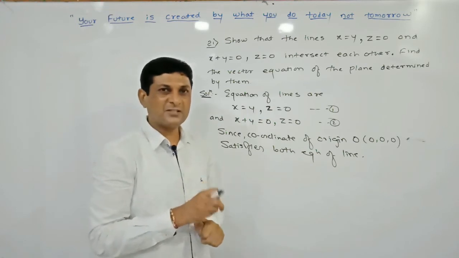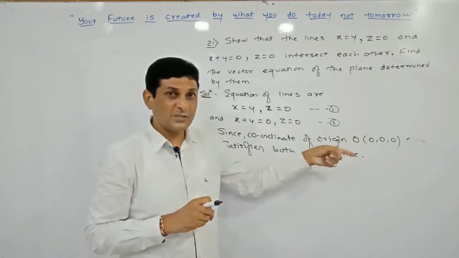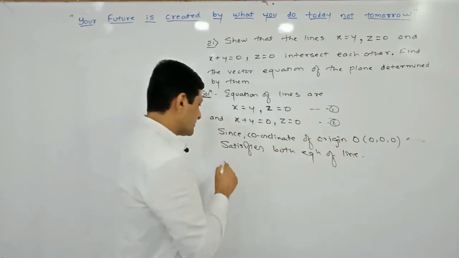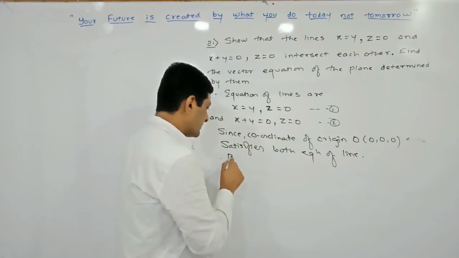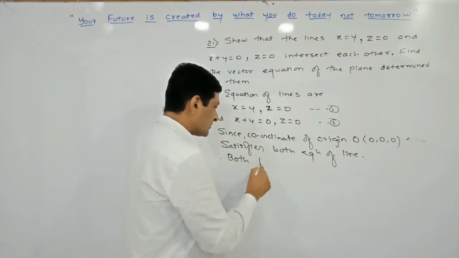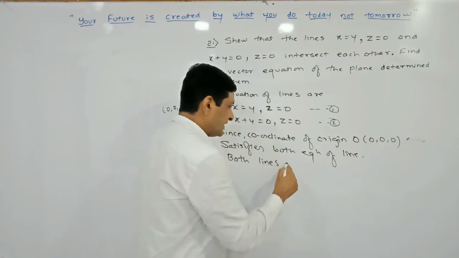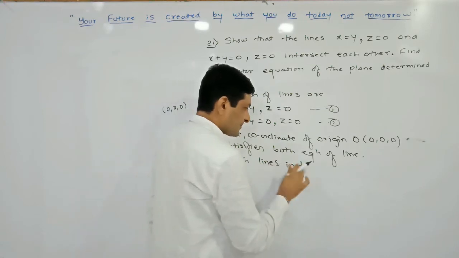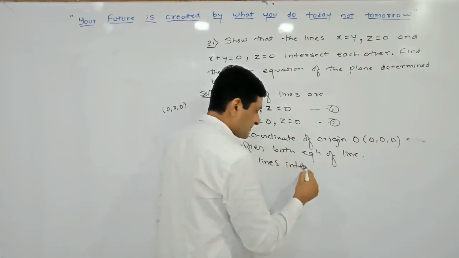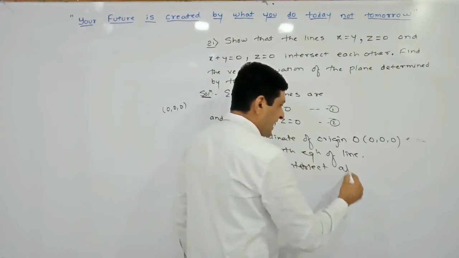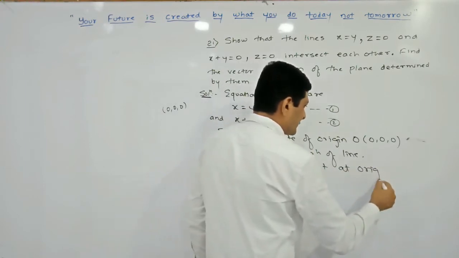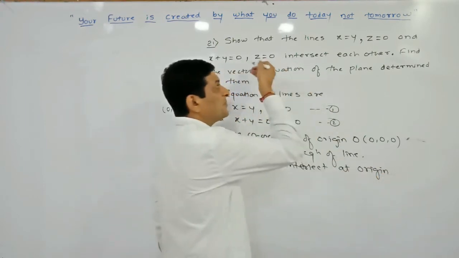That's why we can say that these two lines pass through origin, means intersect at origin. So therefore both lines intersect at what? Origin. So well, we have completed the first part.